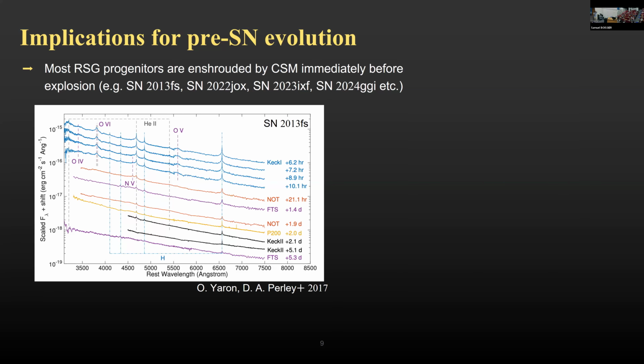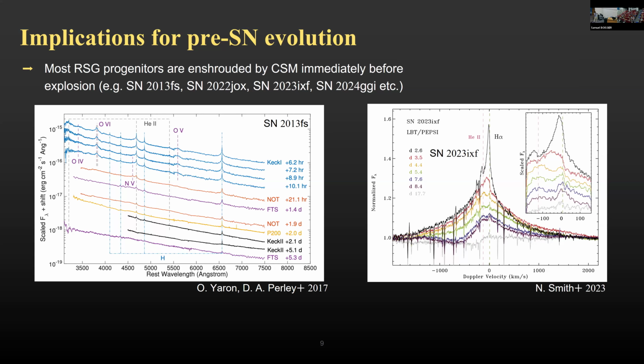We can see that from the very early spectra of type 2 supernovae, where you see very highly ionized emission lines that disappear within a few days or weeks. And that means that there is very dense circumstellar material within a very short range of the progenitor, which must have been ejected at very extreme rates a few months or a year prior to the supernova explosion.